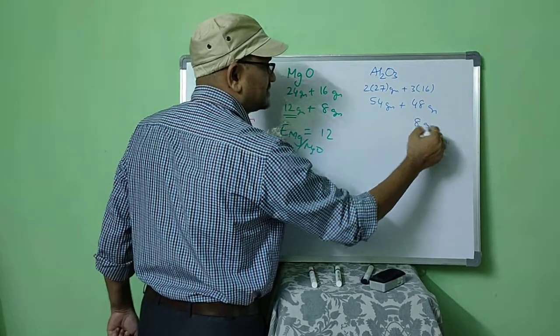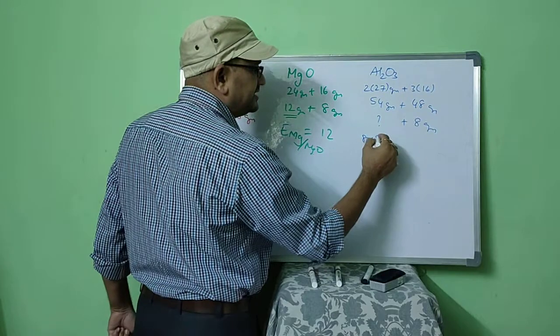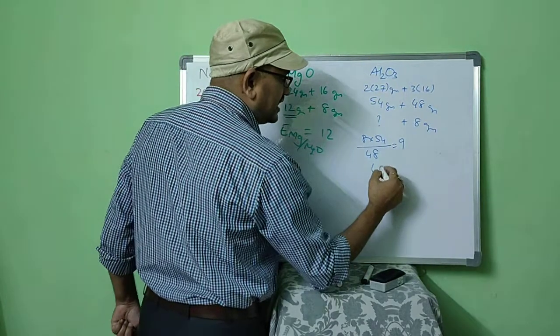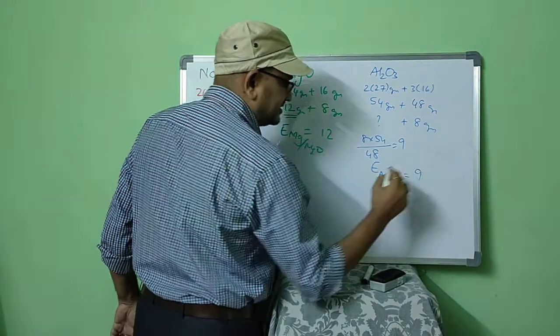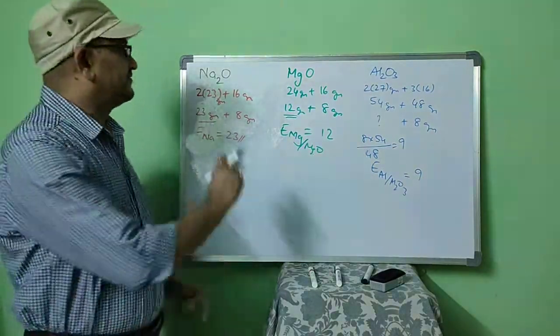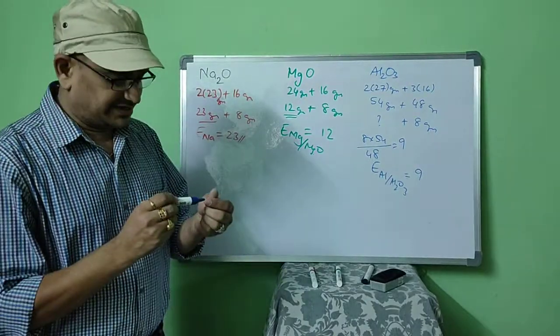Then 8 grams of oxygen had combined with what mass of aluminum? If you calculate 8 into 54 by 48, it is 9. So the equivalent mass of aluminum in Al2O3 is 9. So this is how we can find the equivalent mass of different elements in different substances of that element.